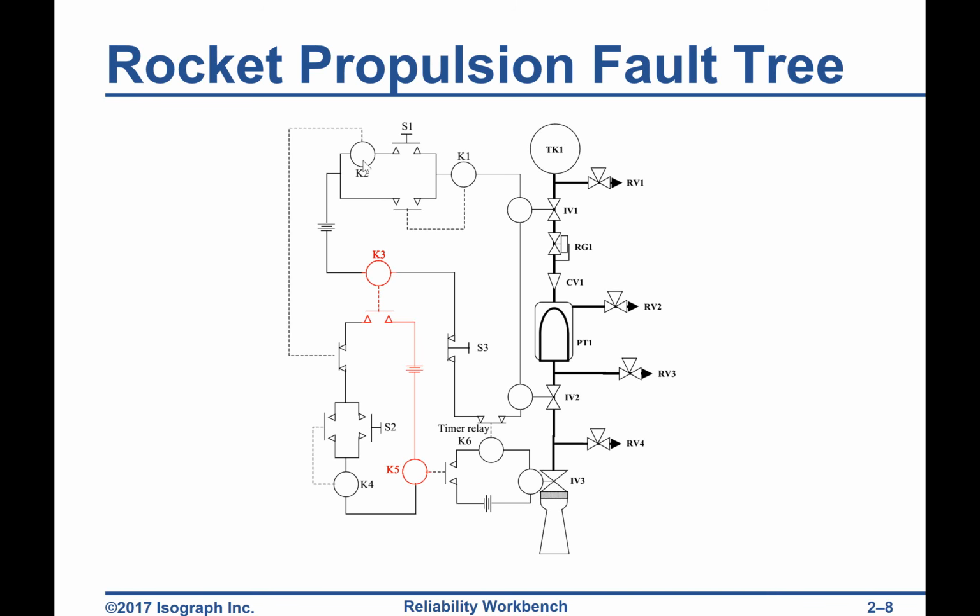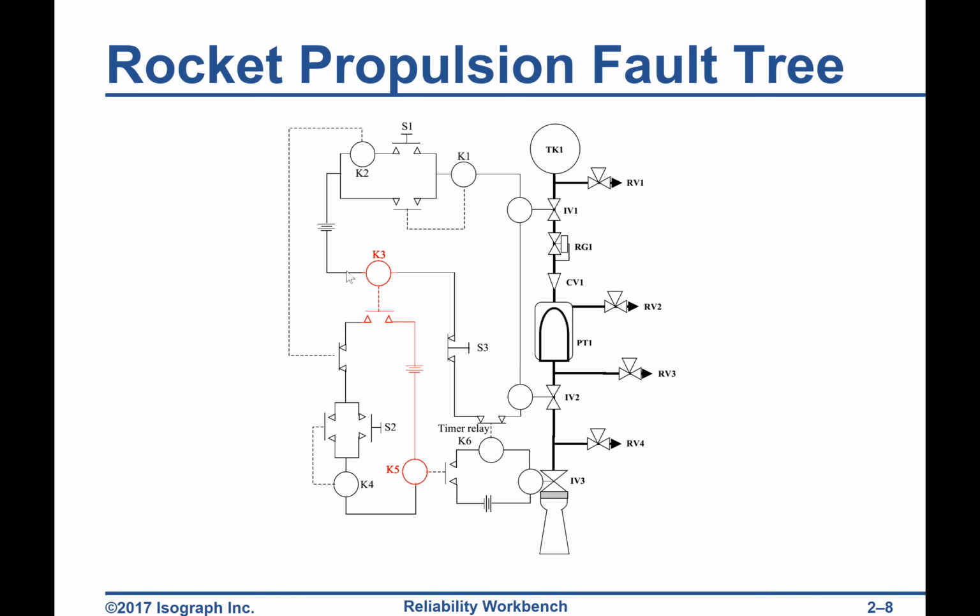Even if everything else failed, if K2 fails at just the right moment, that will open your firing relay and close it. But we consider that a miracle. We're not looking at or considering the possibility that K2 fails and saves our bacon. So we have that no miracles rule. So we're only looking at components whose failures could cause a fault rather than a component whose failure could save the system. Okay, that's just a little bit far-fetched.